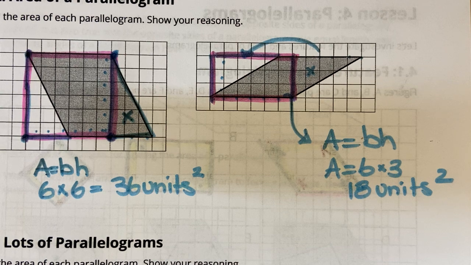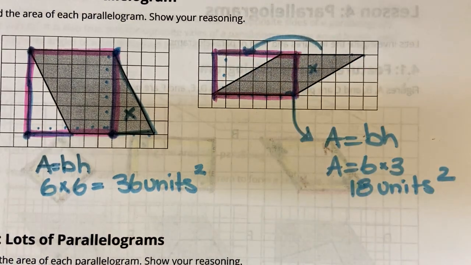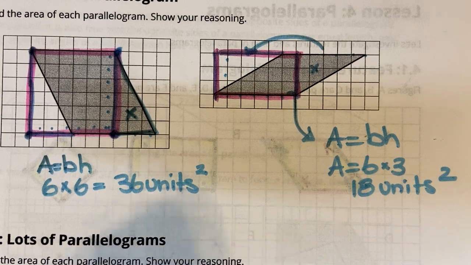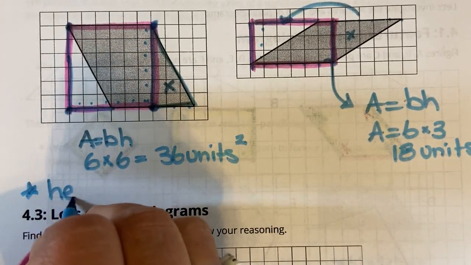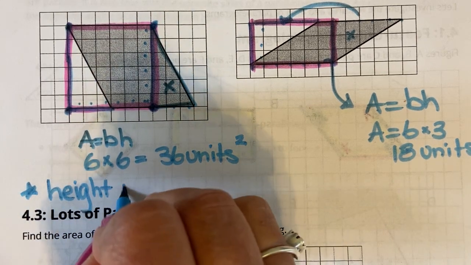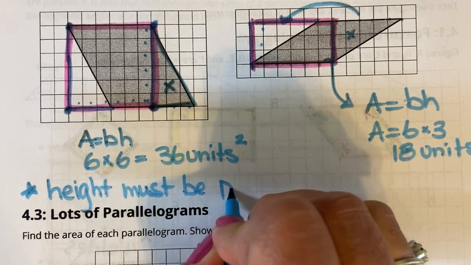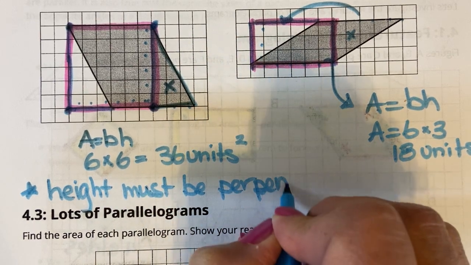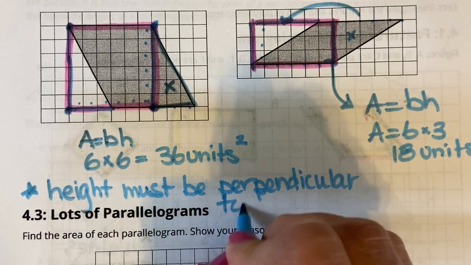And that's what you'll do eventually, is you won't be deconstructing them. You would just do the base times the height, how tall it is. Okay? Your height has to be perpendicular to your base. Let's write that down because that's really important. Height must be perpendicular to the base.